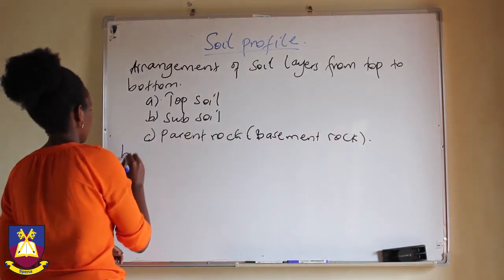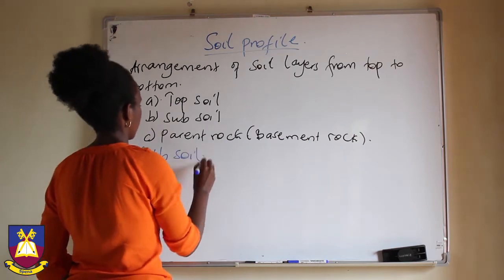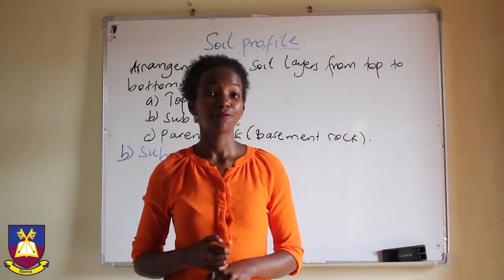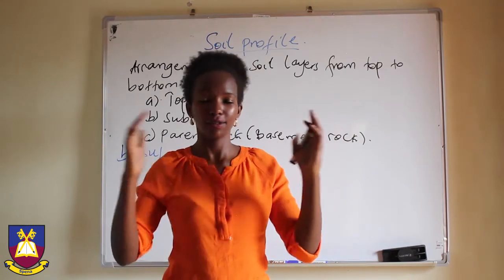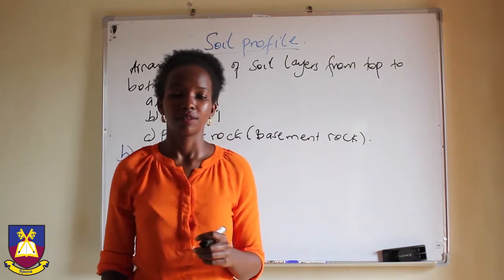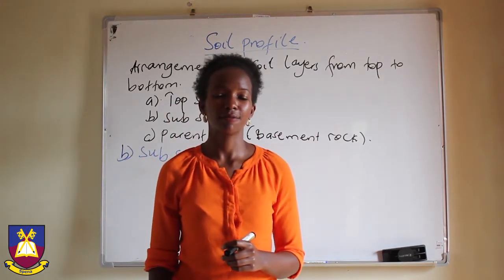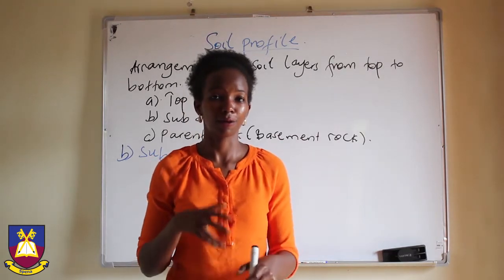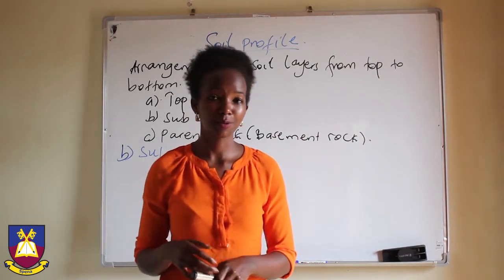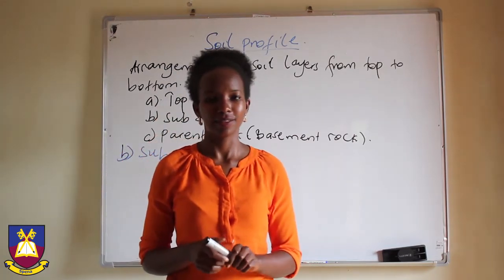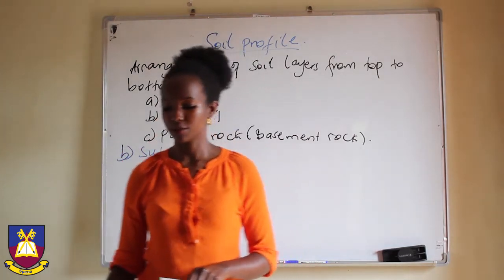Subsoil has fewer roots, and those are for the large trees that dig deeper in search for water. So it will have the tap roots of really huge trees that can find their way down. It has much less humus, much less air, much less moisture, and much less organisms compared to topsoil.